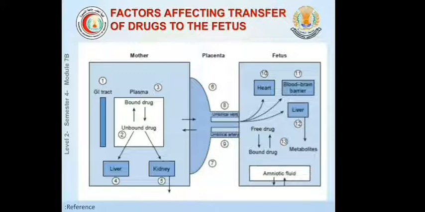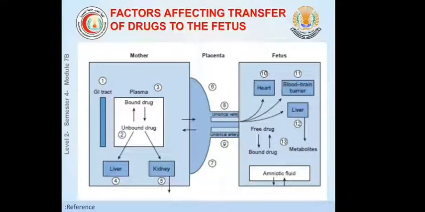Also, number 11, the drug can pass to the brain of the fetus because there is underdevelopment of the blood-brain barrier of the fetus. Number 12, immature fetal liver enzyme activity. Number 13 is increased fetal unbound drug fraction.